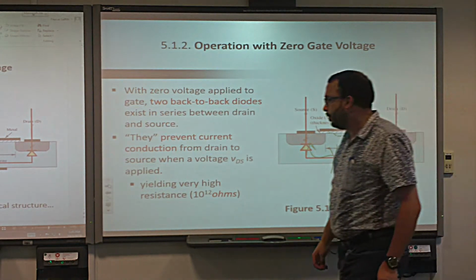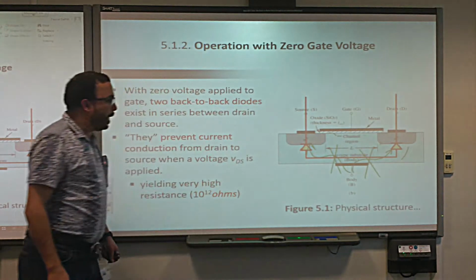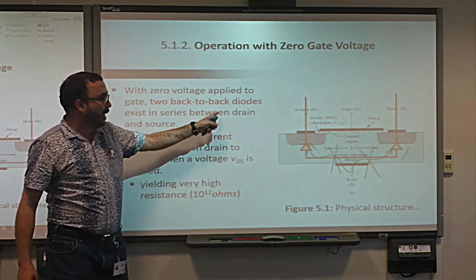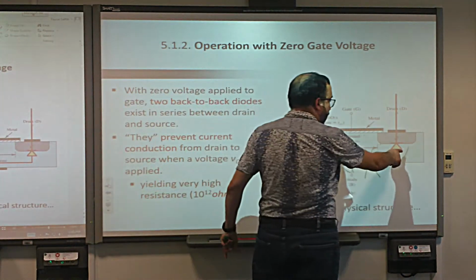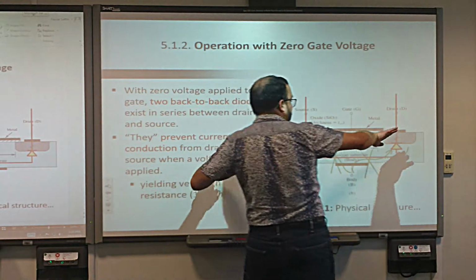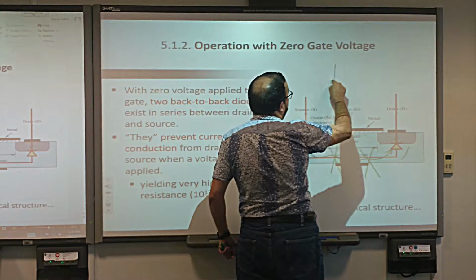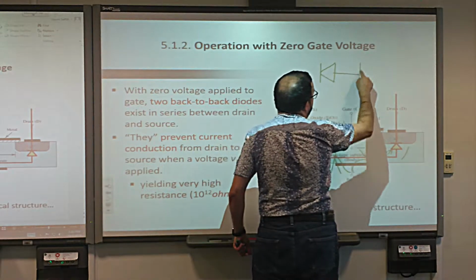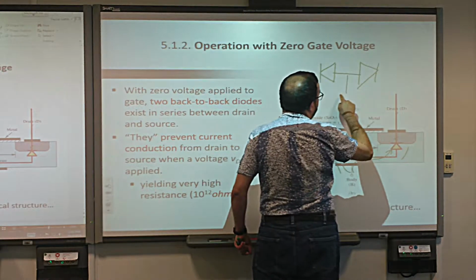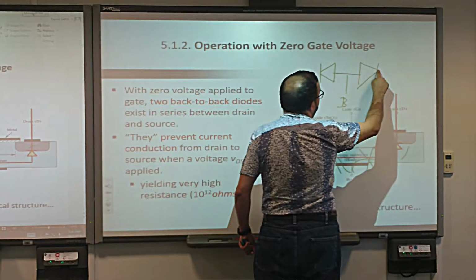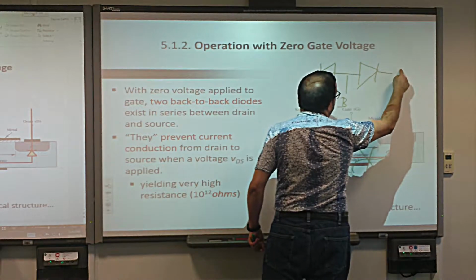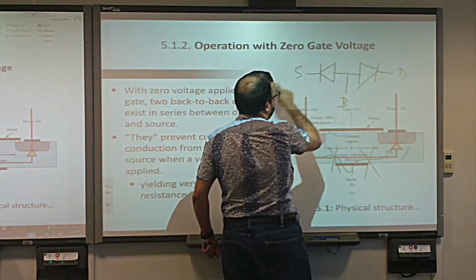We'll see how. So if we make these back-to-back diodes, this is the back of the diode, this is the back, so back-to-back means that their backs are connected. In summary it's like this. This is the body, B. This is, for example, the drain in this case, and this is the source.